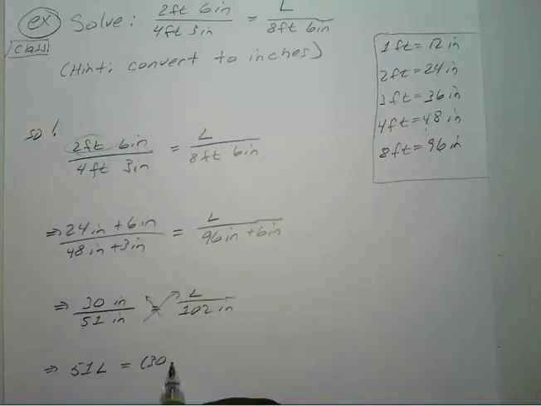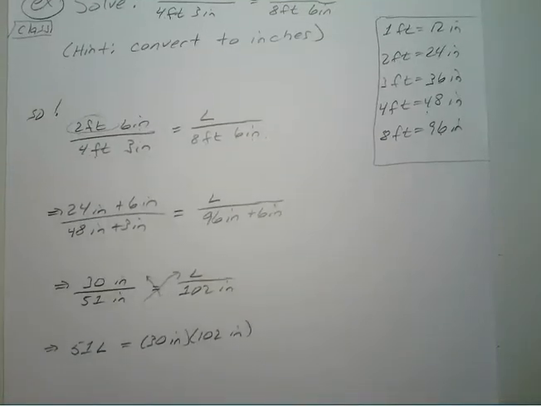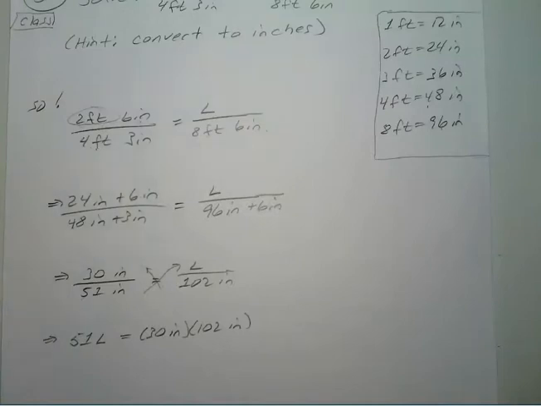So 30 inches times 102 inches. Okay, now 30 times 102 is 3,060. So we have 51 inches times the length L, forgot to put the inches there, is equal to 3,060.